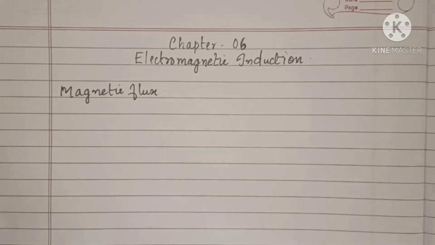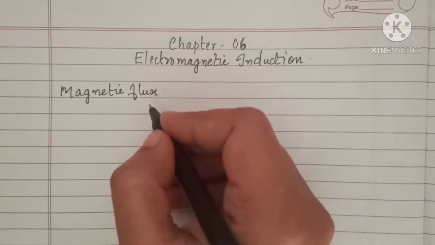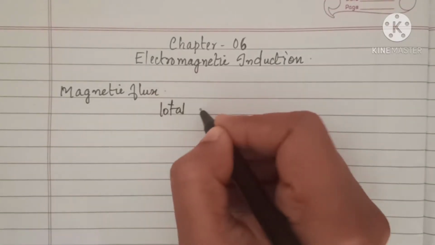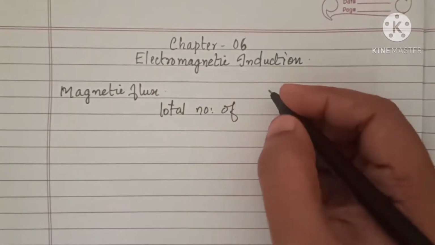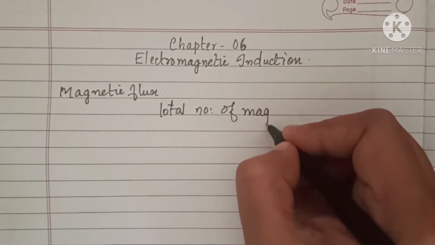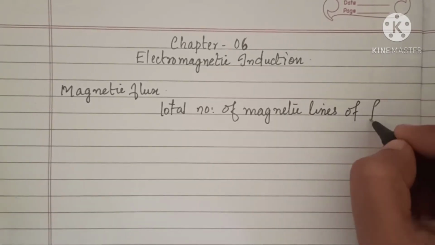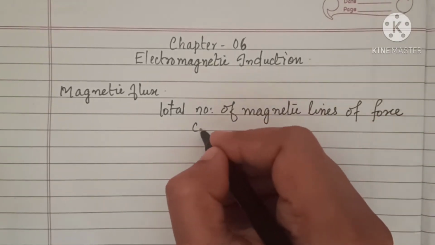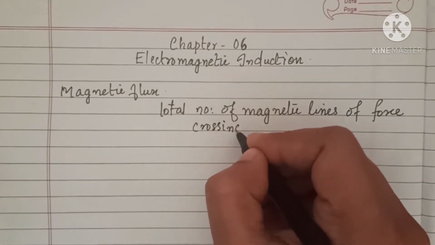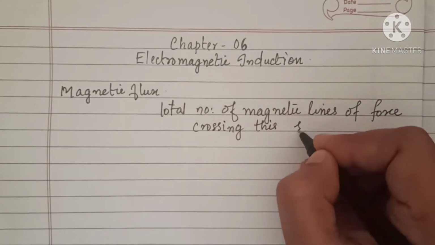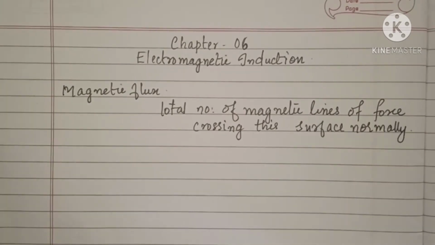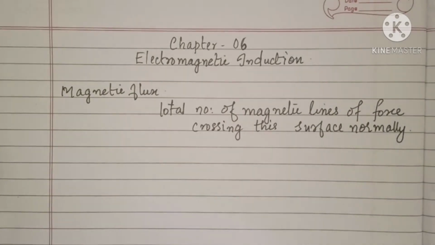Magnetic flux through any surface placed in a magnetic field can be defined as the total number of magnetic lines of force crossing the surface normally.